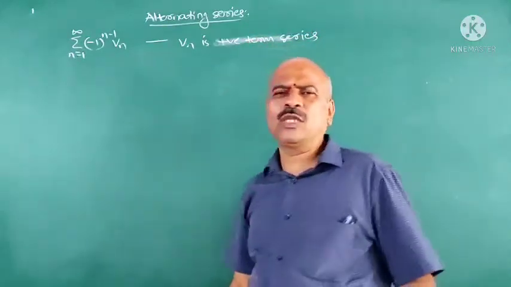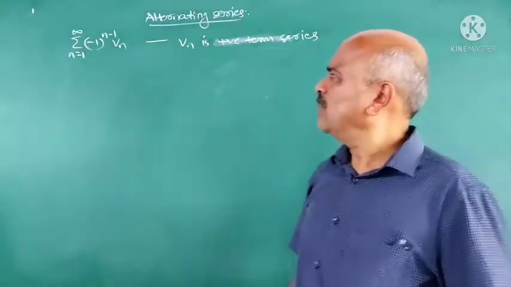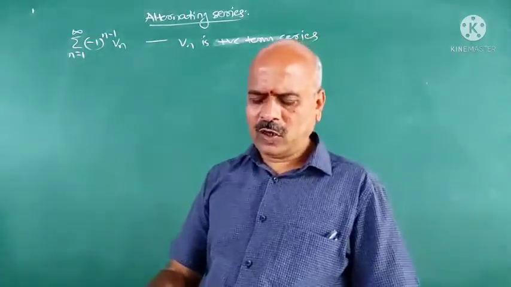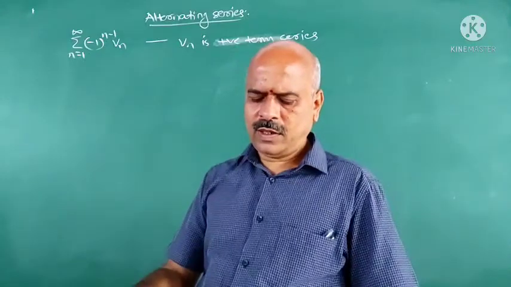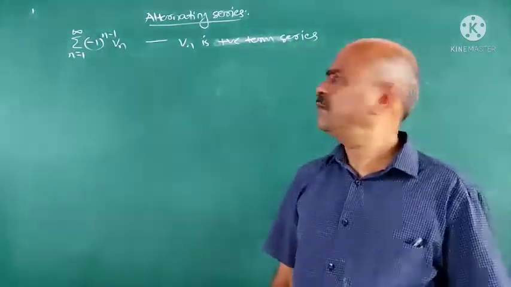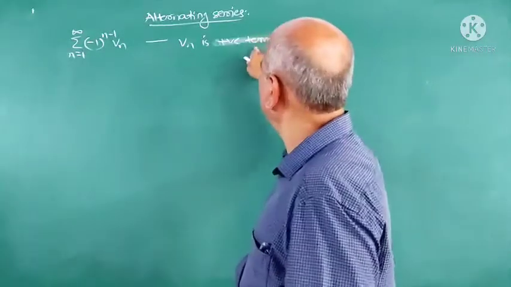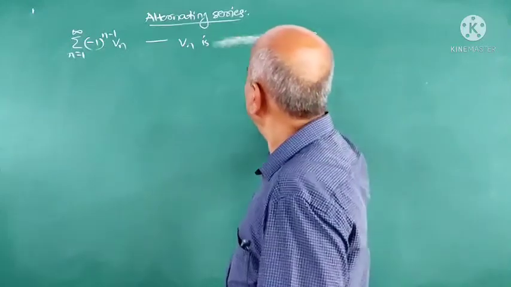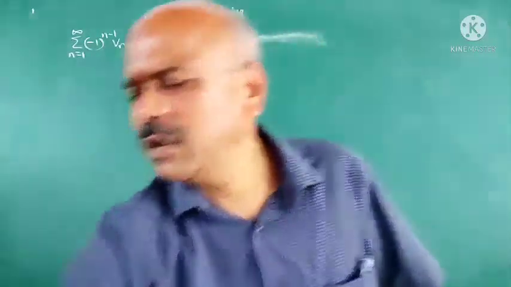Suppose Vn is a positive term series, then sigma minus 1 raised to n minus 1 Vn, from 1 to infinity, is called an alternating series.